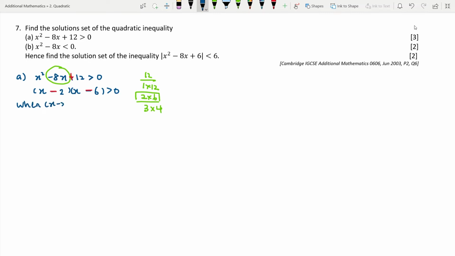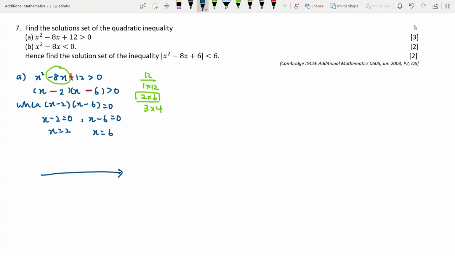When x minus 2, x minus 6 is equal to 0, x minus 2 is equal to 0, x is equal to 2, or x minus 6 is equal to 0, x is equal to 6. We will use the graph sketching method to solve this inequality. First, draw the axis.